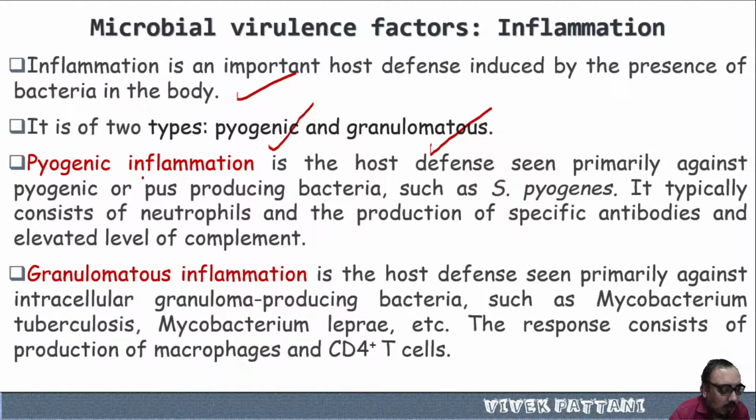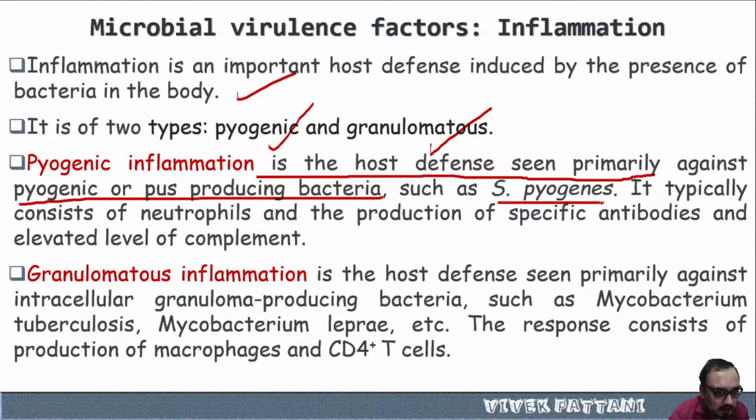In the case of an infection, pyogenic and granulomatous. The pyogenic inflammation is the host defense primarily against pyogenic or pus-producing bacteria such as Streptococcus pyogenes, and it typically consists of neutrophils, the production of specific antibodies and an elevated level of complement.